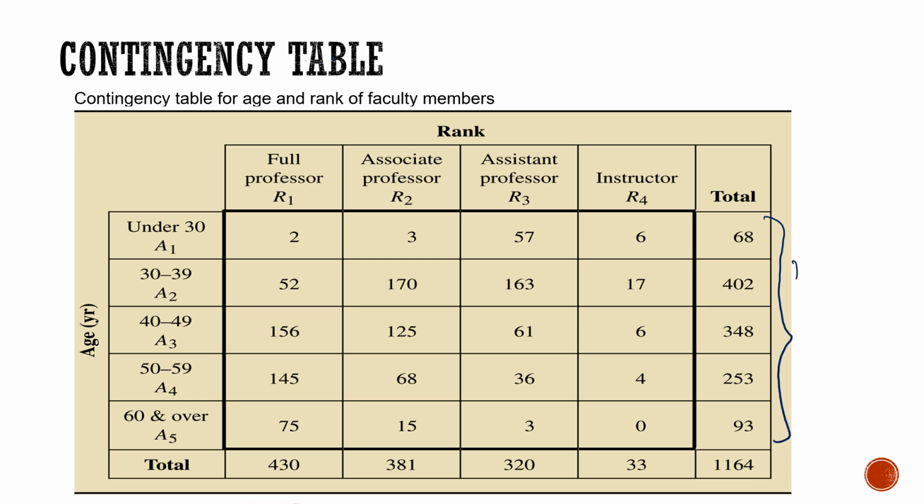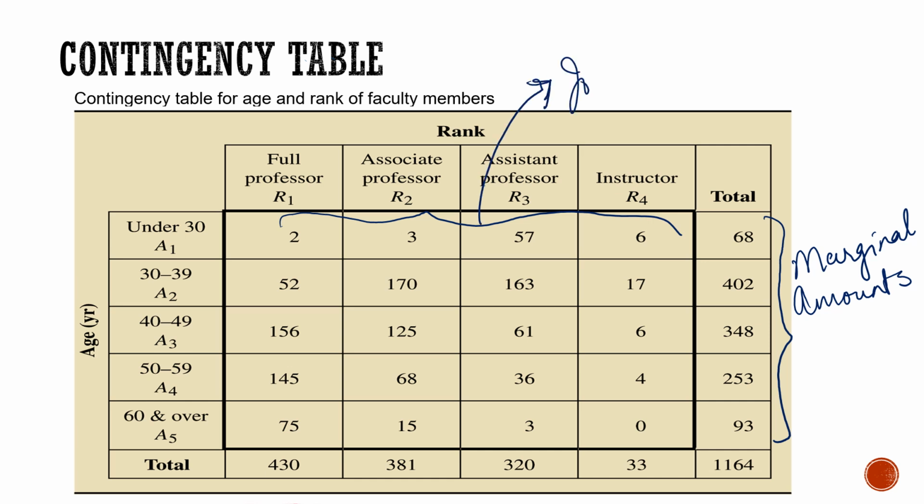These are the marginal amounts. And the ones in the center, these values are the joint values, the joint frequency values.